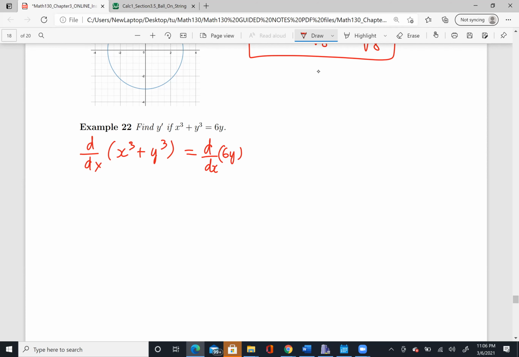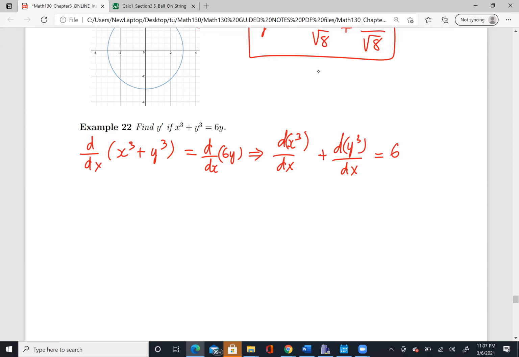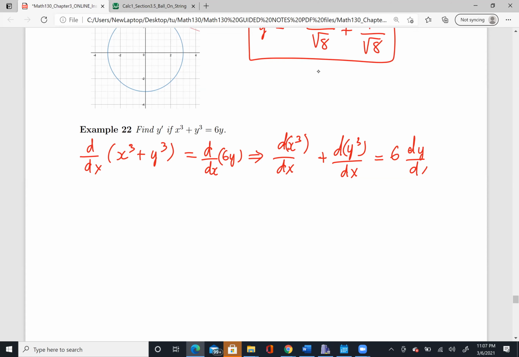6y. Okay, so now you can have d over dx of x cubed, the derivative of x cubed with respect to x, plus the derivative of y cubed with respect to x, and you can leave the 6 out of here and then the derivative of y with respect to x.